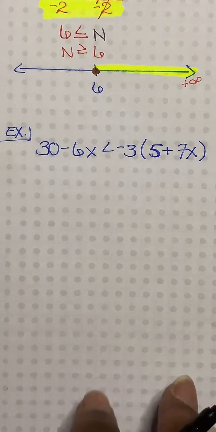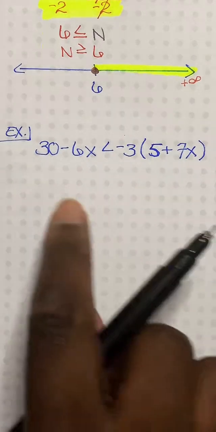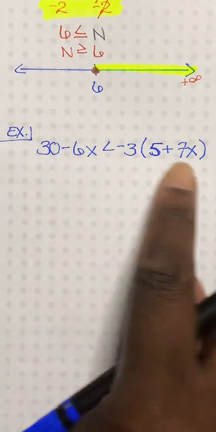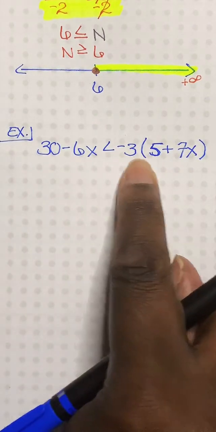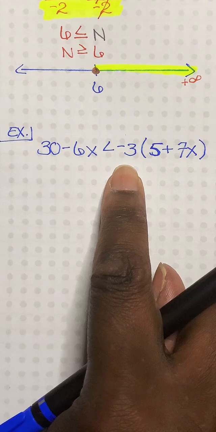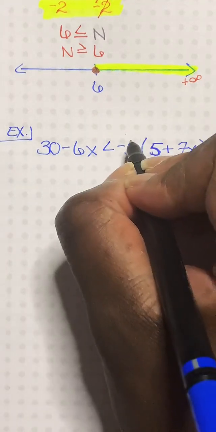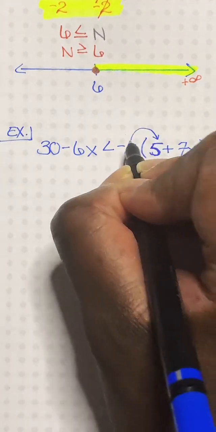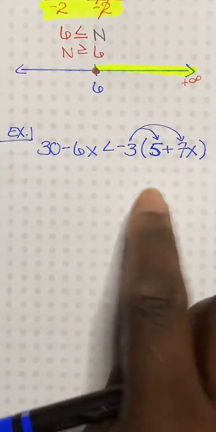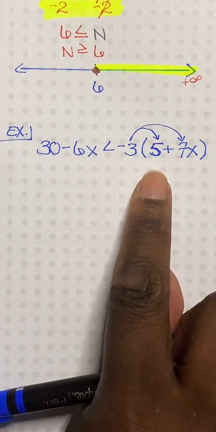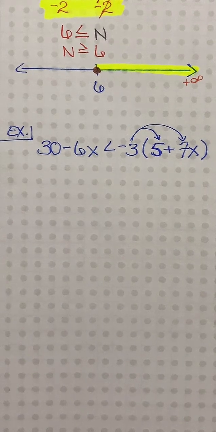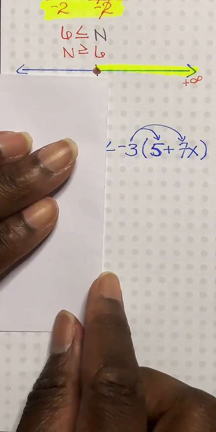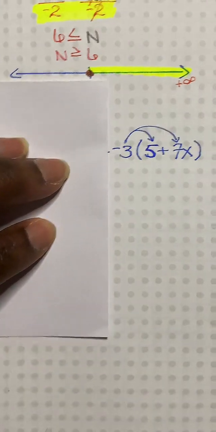All right, so here we go. First thing that I'm looking at is both sides of the inequality. I don't have like terms over here, but I do have something that's happening over here. So I could distribute this negative 3 to everything over there. So instead of looking at it as one big equation, this is what I like to do. Let's cover up so we can focus on one side at a time.